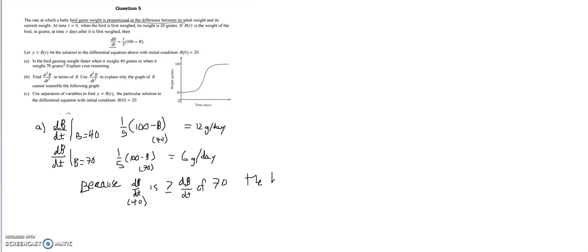The bird weighing 40 grams will obviously gain more weight faster. So in the guide, you would get points for using the rate dB dt and plugging in these values. And this will be the second point for explanation.